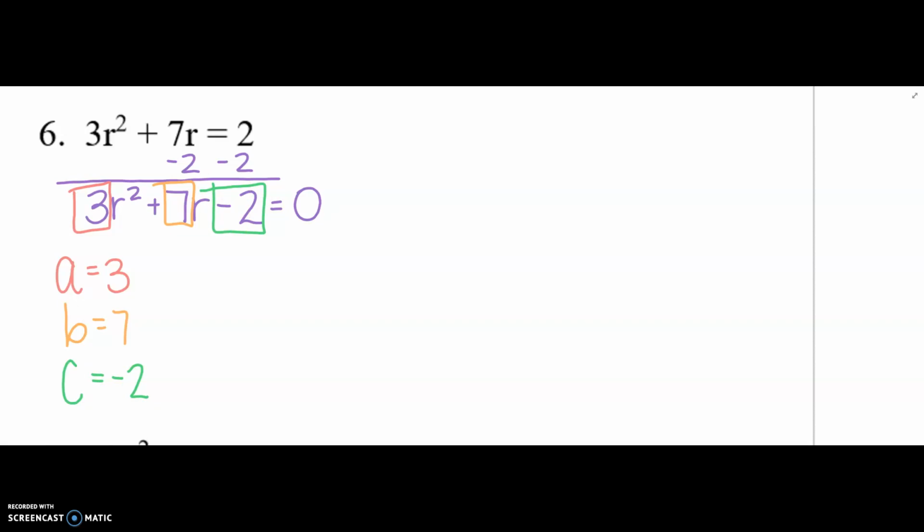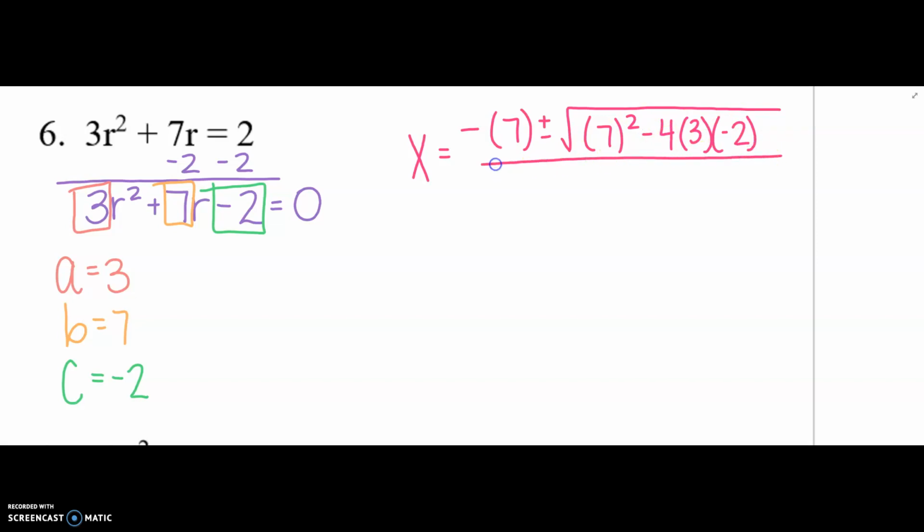Now I can plug all of this into my quadratic formula. X is equal to -b plus or minus the square root of b squared minus 4 times a times c all over 2 times a.